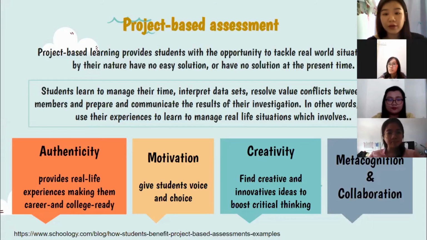For example, a technological project in which they can innovate by bringing social media into education. The next one is collaboration between the group members, where they work together, discuss together, communicate together, interpret the data, collect the data, and get ideas.